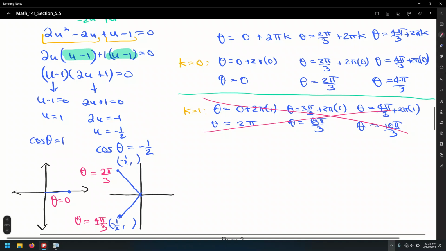So the only legitimate solutions are the ones that we listed for k equals 0, which happen to be the principal values for the solutions of the equations. So let's call this a solution set: theta equals 0, 2 pi over 3, 4 pi over 3.